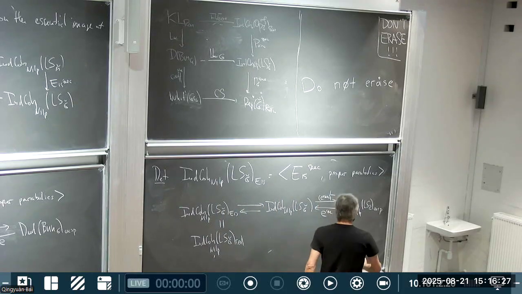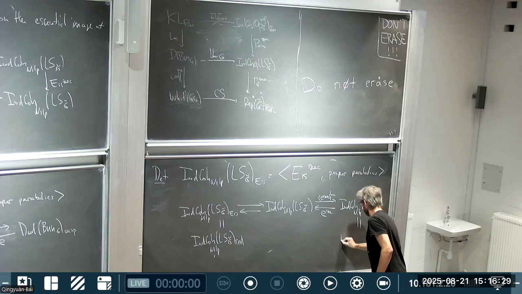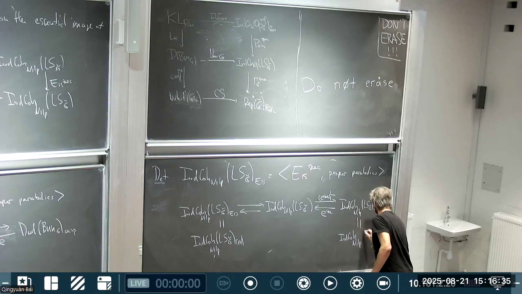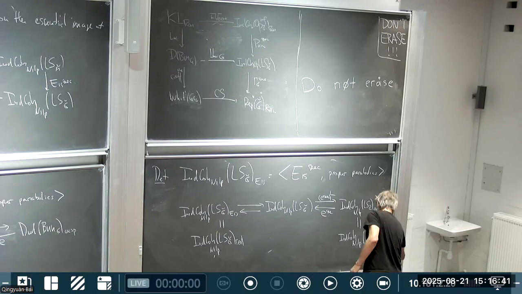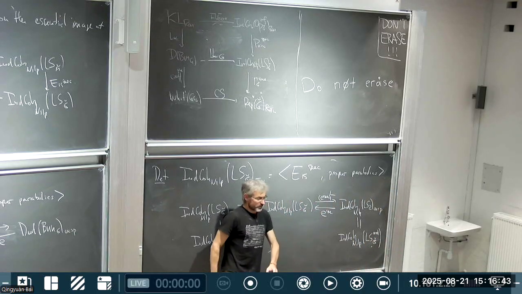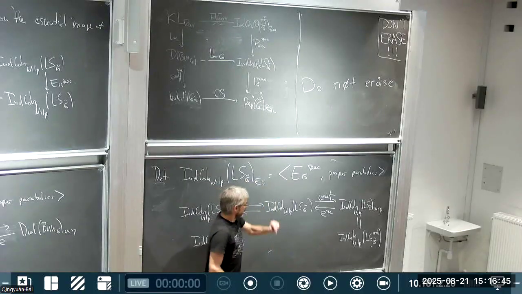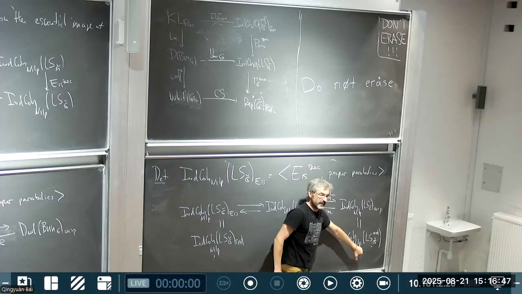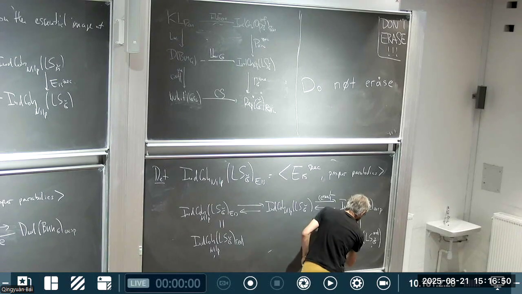And this guy is also IndCoh built on the open part, which is irreducible local systems. But with this, assume that locally on the irreducible locus, nilpotent equals 0. So this is just QCoh.